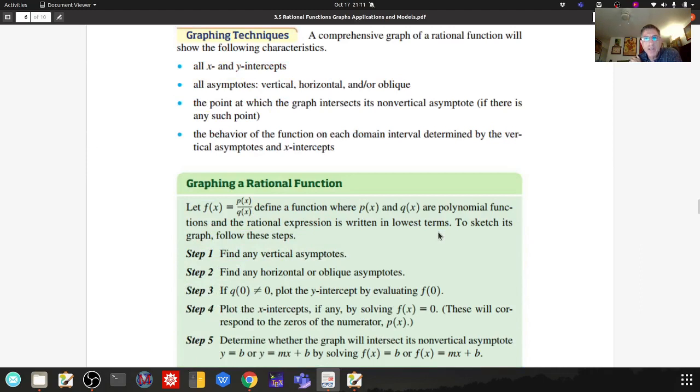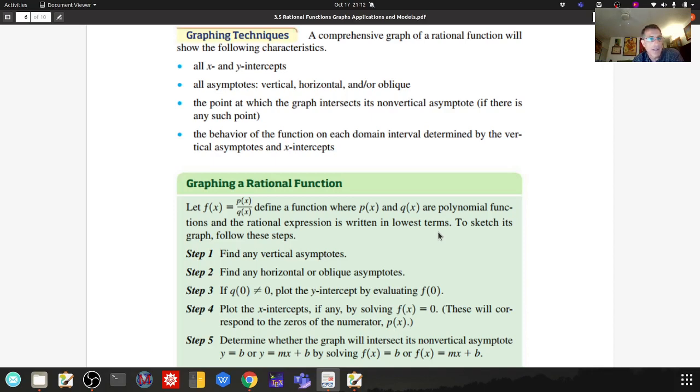A comprehensive graph of a rational function will show all of the following characteristics. The x- and the y-intercepts. So you have to remember how to find the x-intercept: you set the equation equal to 0 and solve for x. For the y-intercept, you evaluate the function at 0. f of 0 is the y value of the intercept.